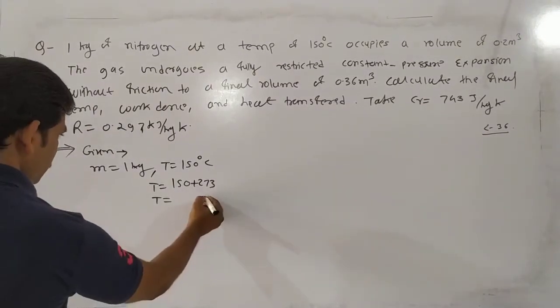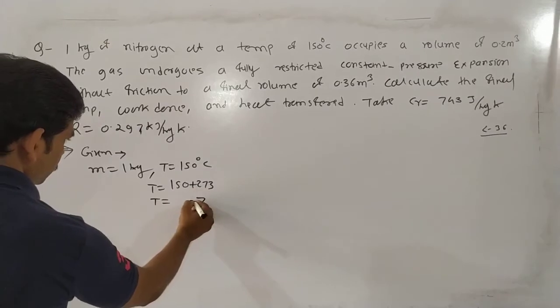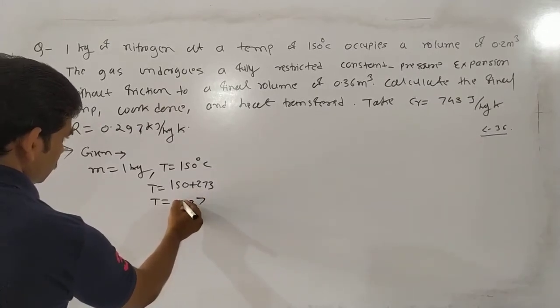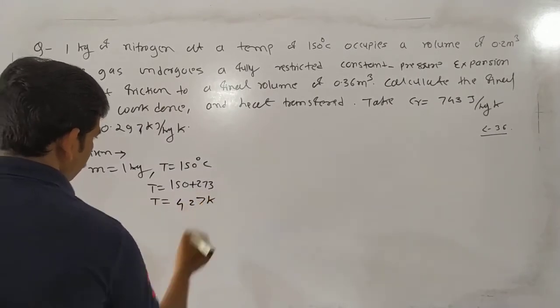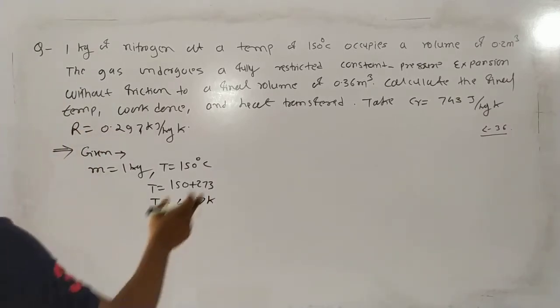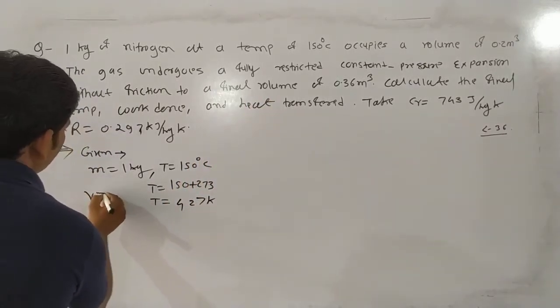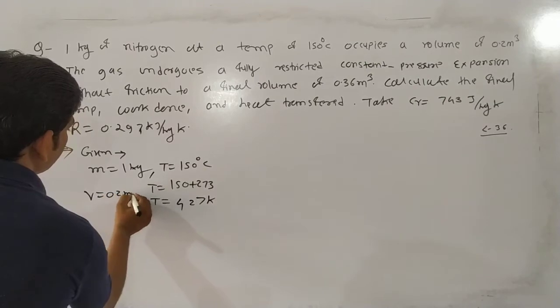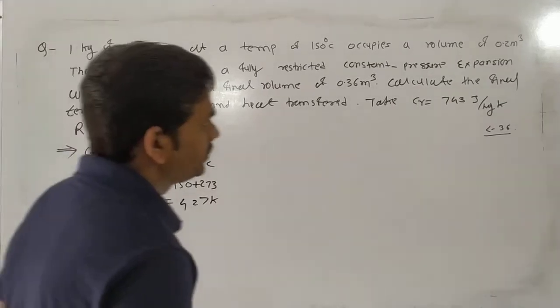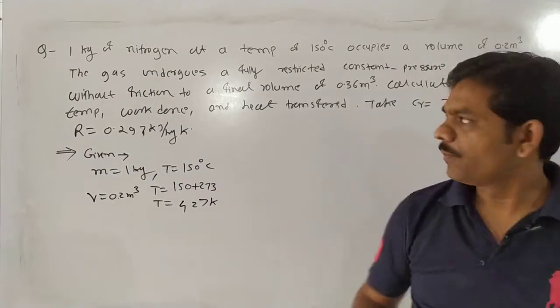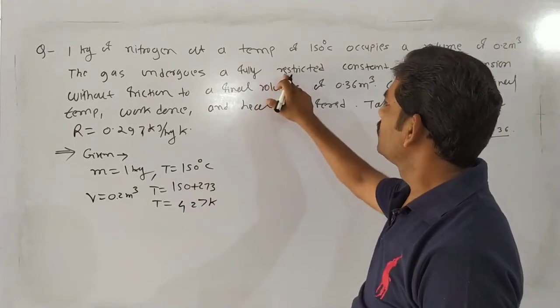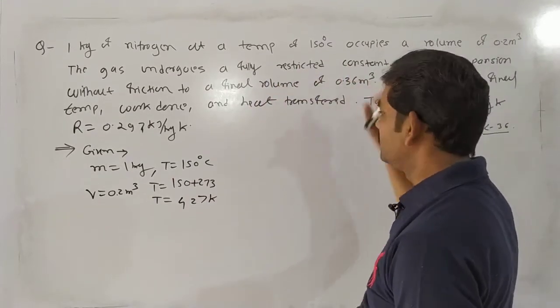It is 427 Kelvin. Occupies a volume. What is the volume? Volume is 0.2 meter cube. The gas undergoes a frictionless constant pressure process.